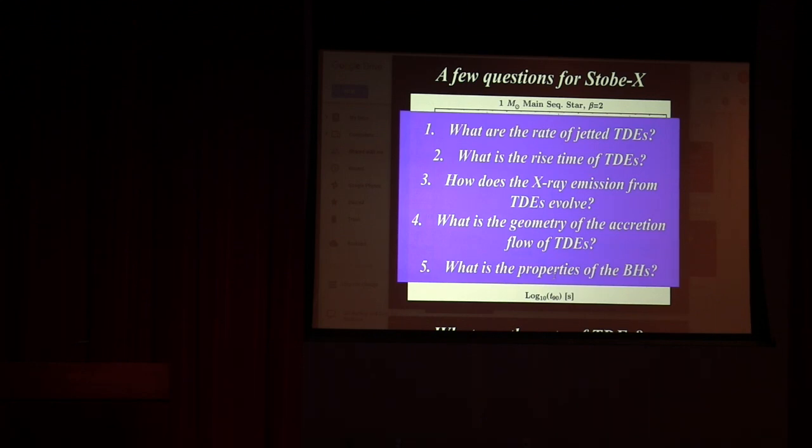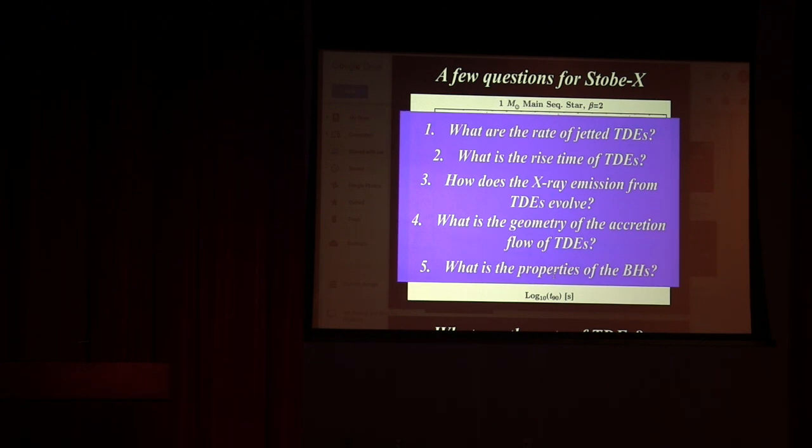These are: what are the rates of TDs, in particular those seen with a jet? What are the rise times, so how quickly does a TD flare, compared to pre-flare upper limits? How does this X-ray emission evolve with time?